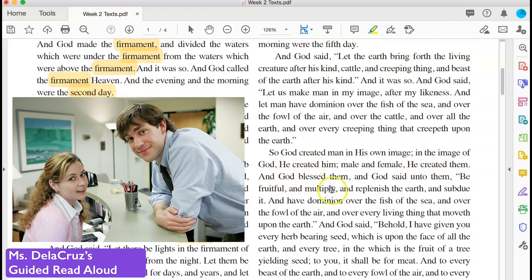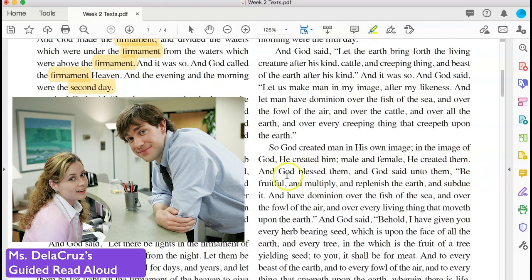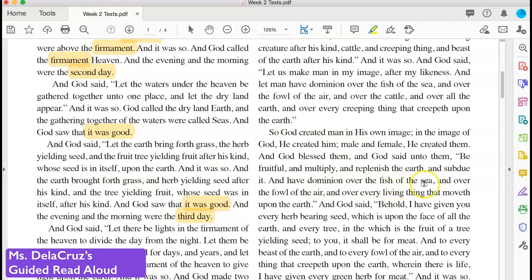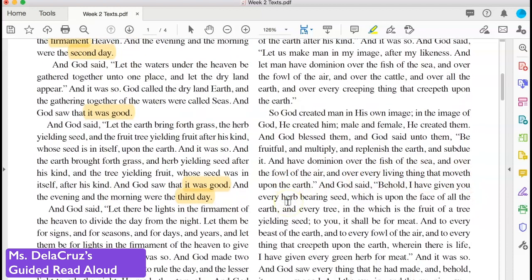And God blessed them, and God said unto them, "Be fruitful, and multiply, and replenish the earth, and subdue it, and have dominion over the fish of the sea, and over the fowl of the earth, and over every living thing that moveth upon the earth." So we know that God created male and female after his own image.